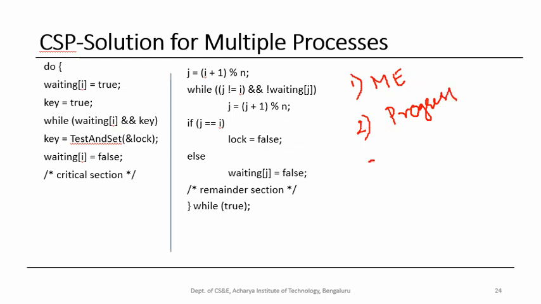Not only that, this is a solution for when multiple cooperating processes are running concurrently in the system. So therefore, this can be accepted as a solution for the critical section problem. We discussed Peterson's solution and this solution, and both qualify for becoming a perfect solution for the critical section problem.